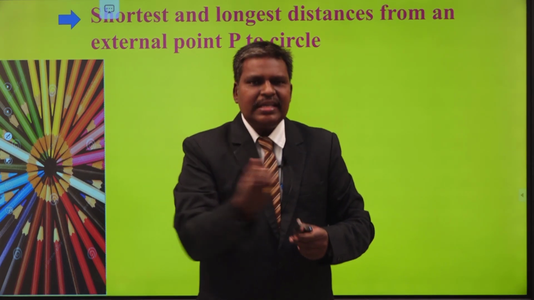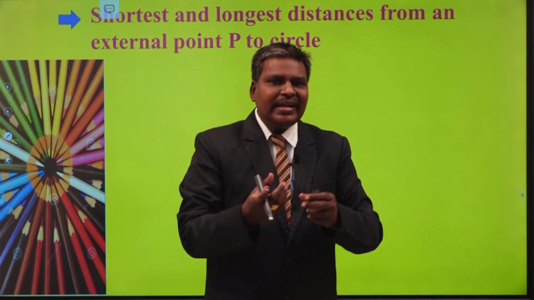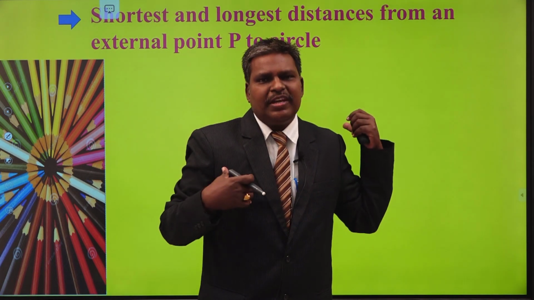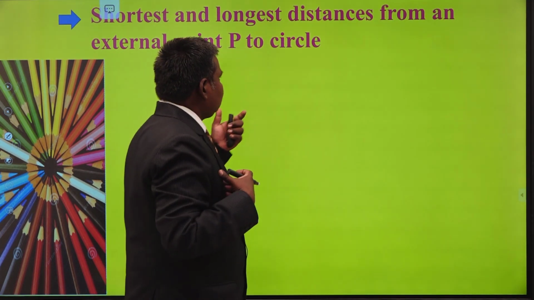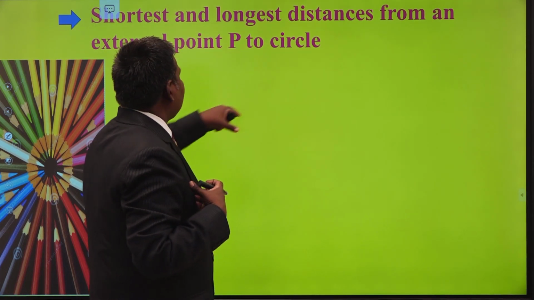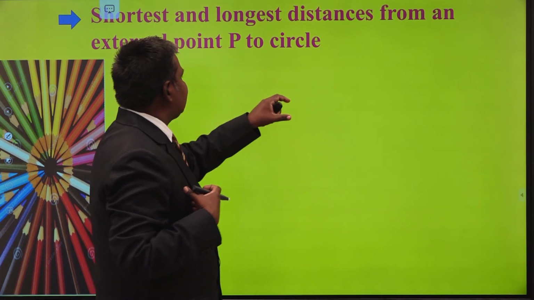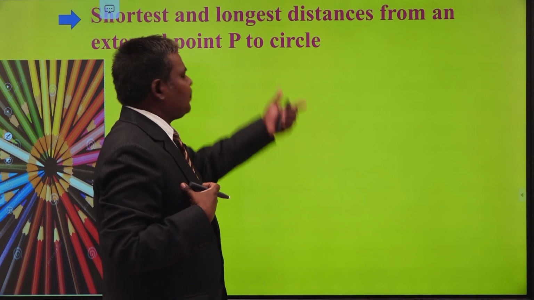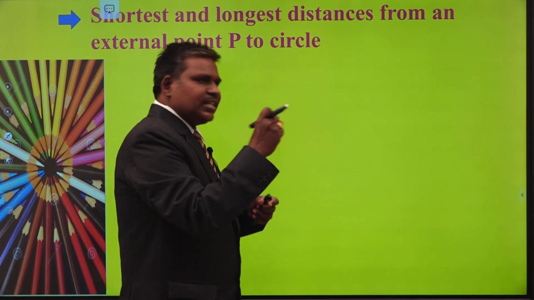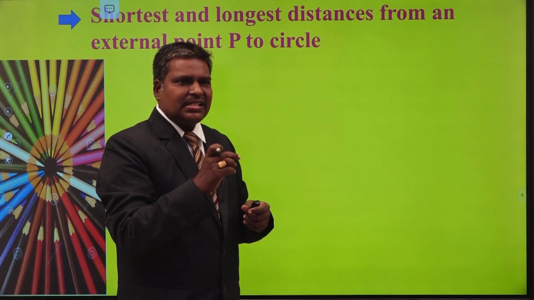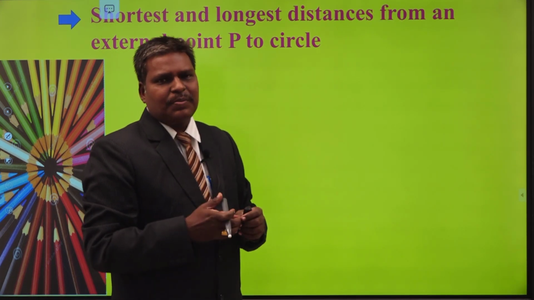Which one is nearer to my point? Your point to the circle, this is meaningful. Otherwise, this is not meaningful. So, we have to find the shortest and longest distances from an external point P to the circle. Sometimes maybe your point is inside; you proceed in the same manner, we have the distances, and which one is minimum is also sometimes meaningful.